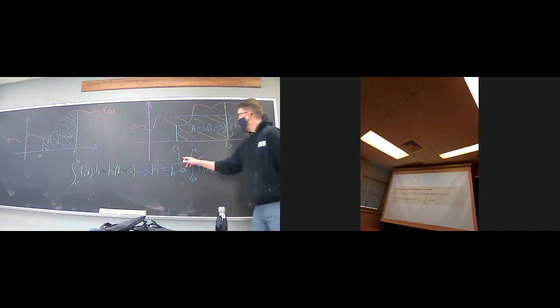And this brings us to the average value of a function on a given interval. If our function is continuous from a to b, then the average value of that function is 1 over b minus a times the integral from a to b of your function.